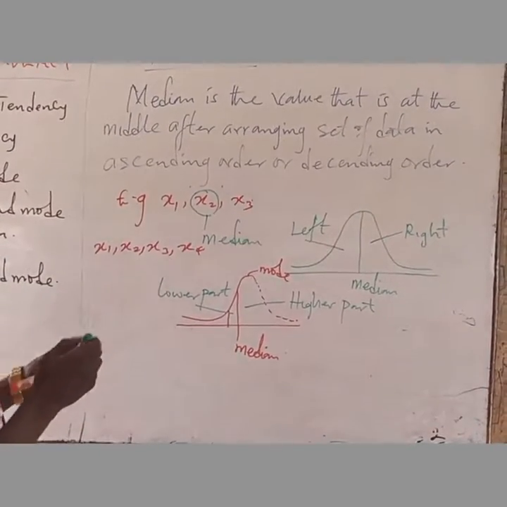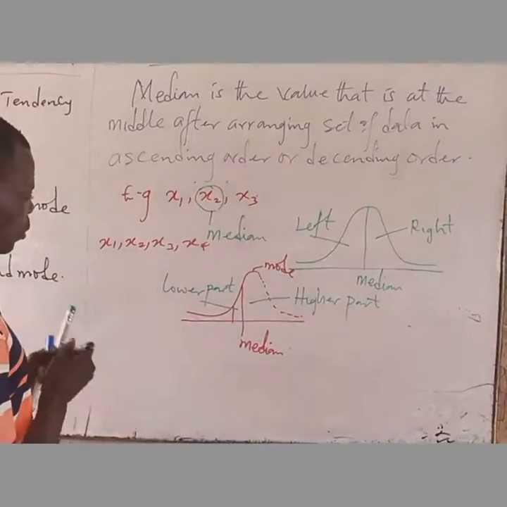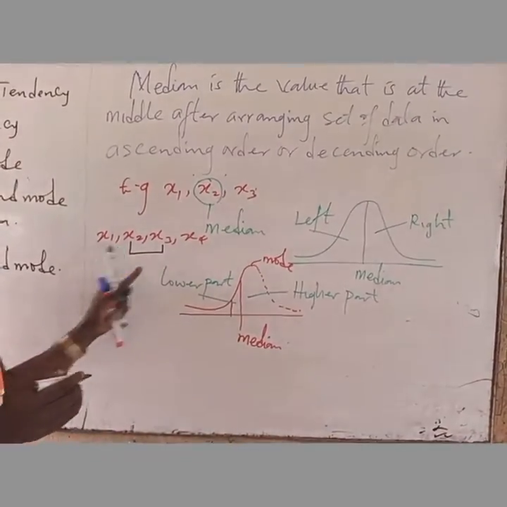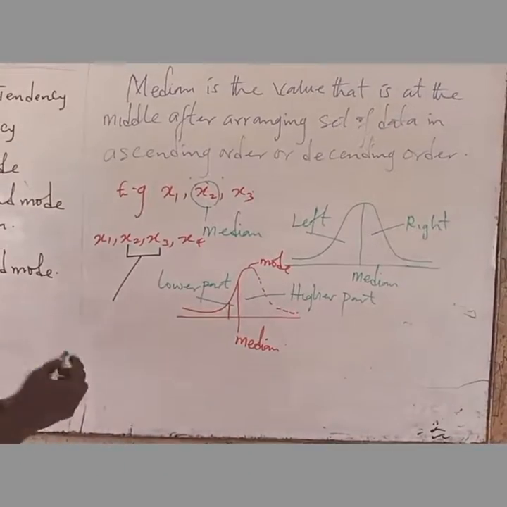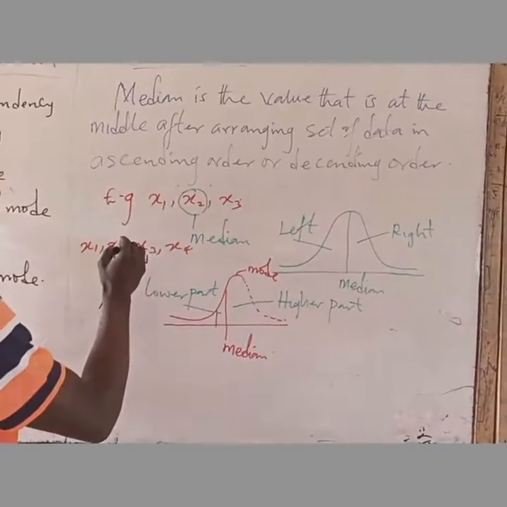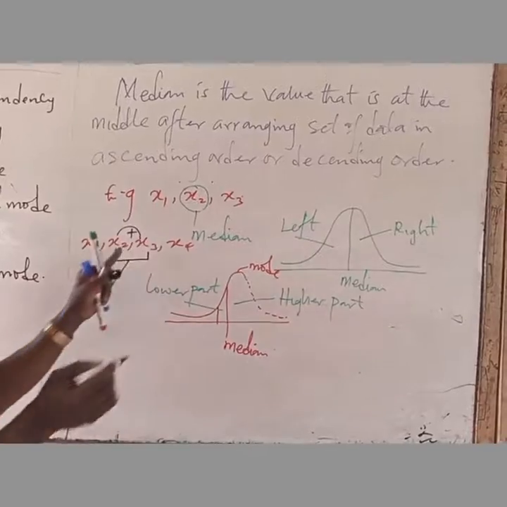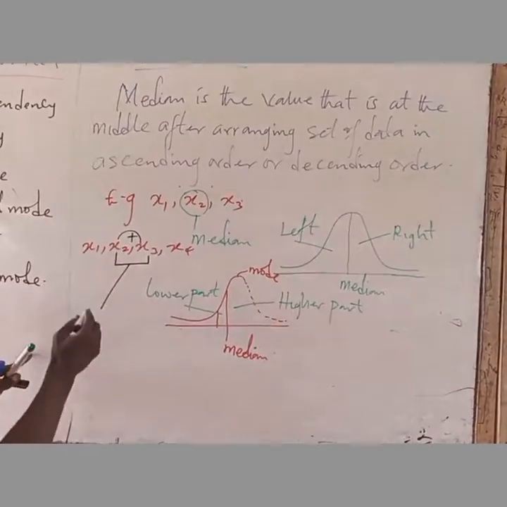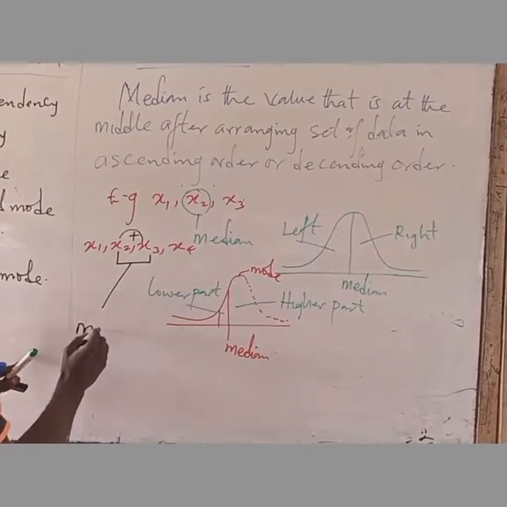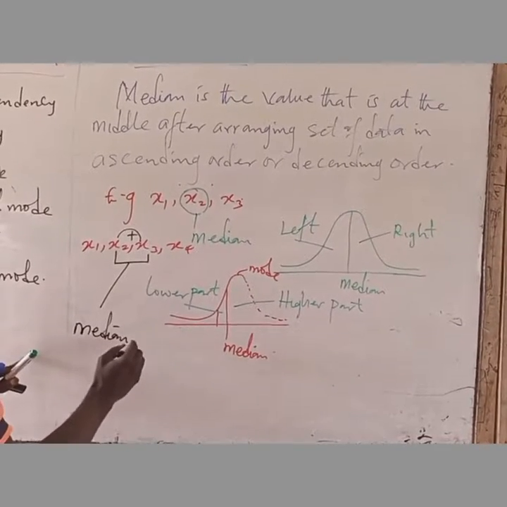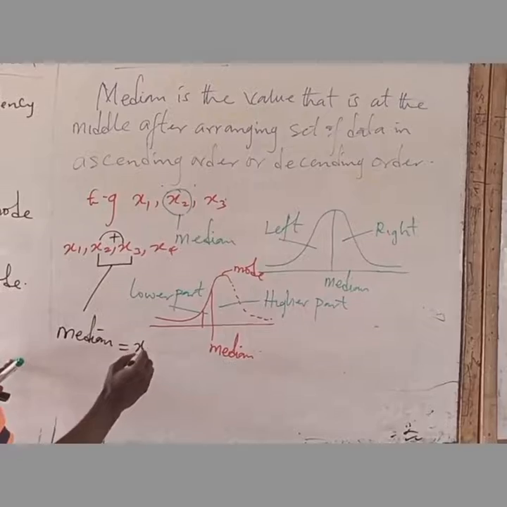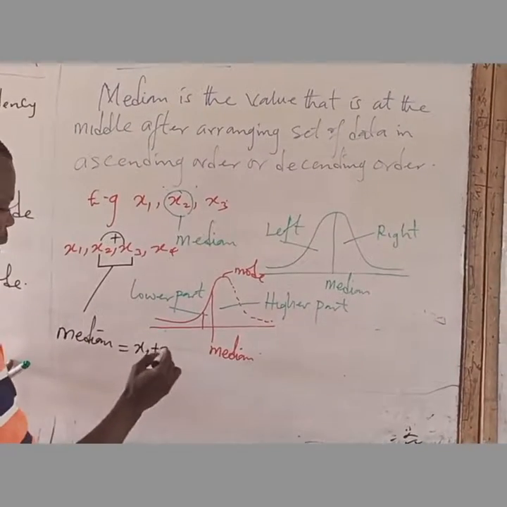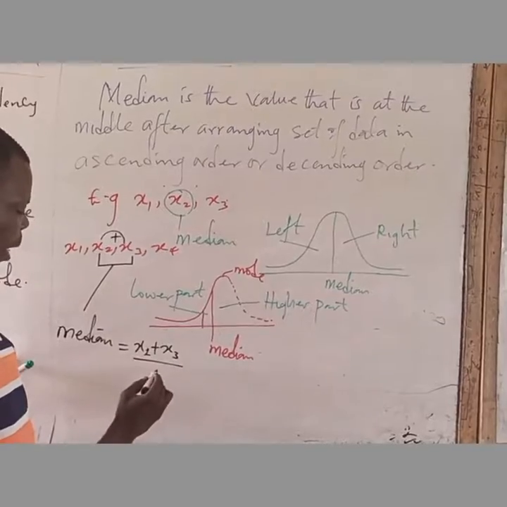When you want to pick the middle value, we discover that these two will be the middle values. So we sum up these two middle values and divide by 2.